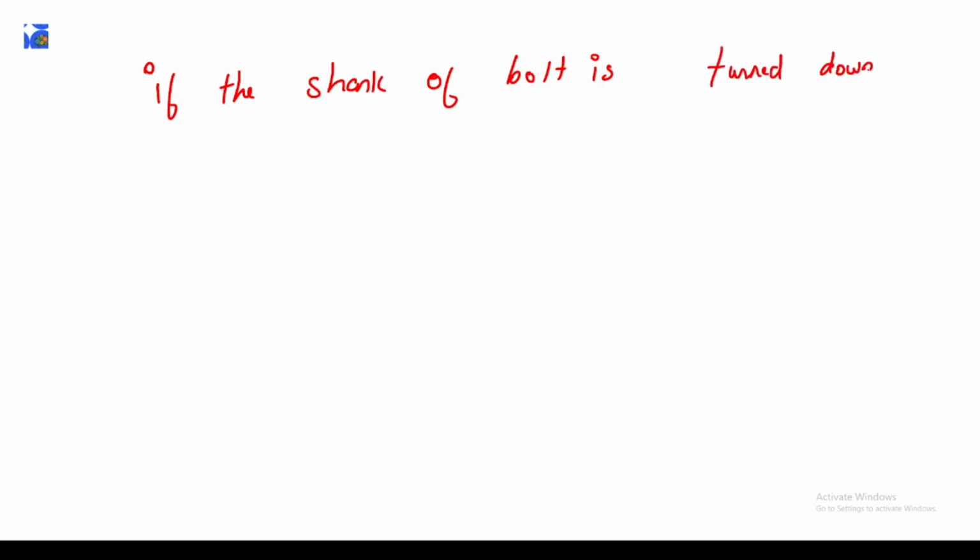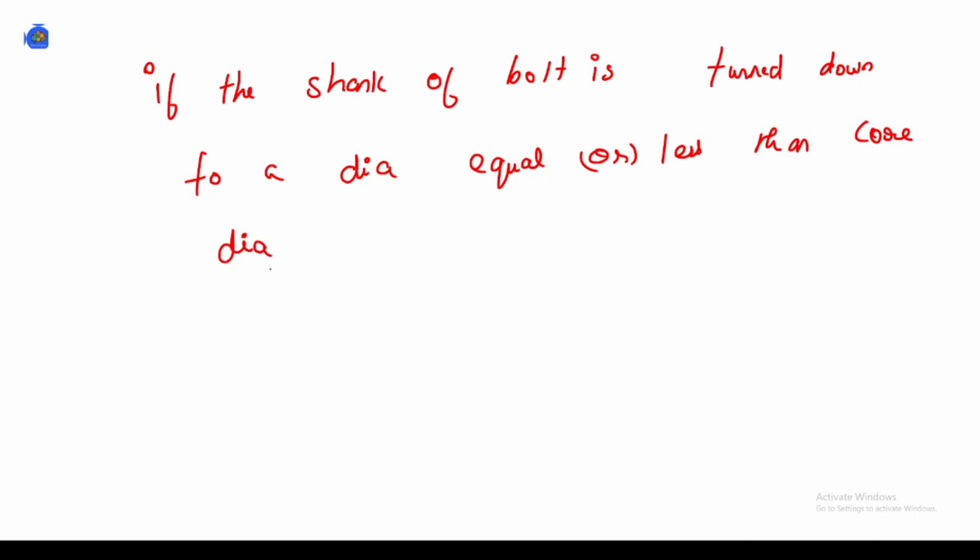See, basically, if the shank portion of the bolt is slightly turned down, if it is turned down to a diameter equal or even lesser than the core diameter, so bolt would have the core diameter, right?